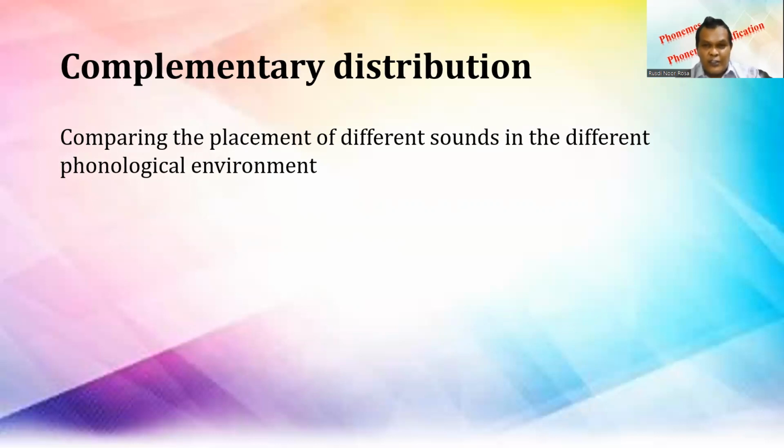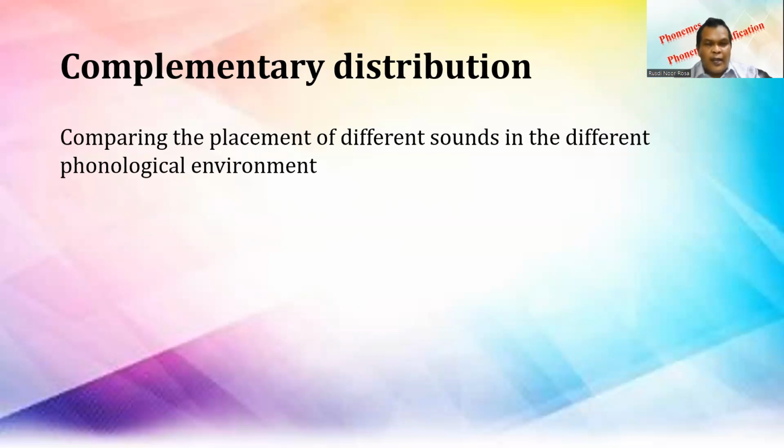In the contrastive distribution, we place the different sounds in the same phonological environment, but in complementary distribution, we place the different sounds in different phonological environments. That's why it is called complementary, to complement.